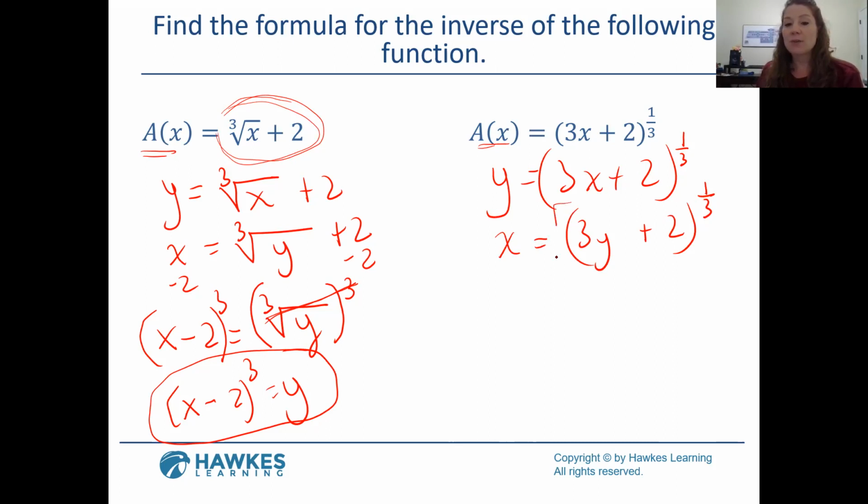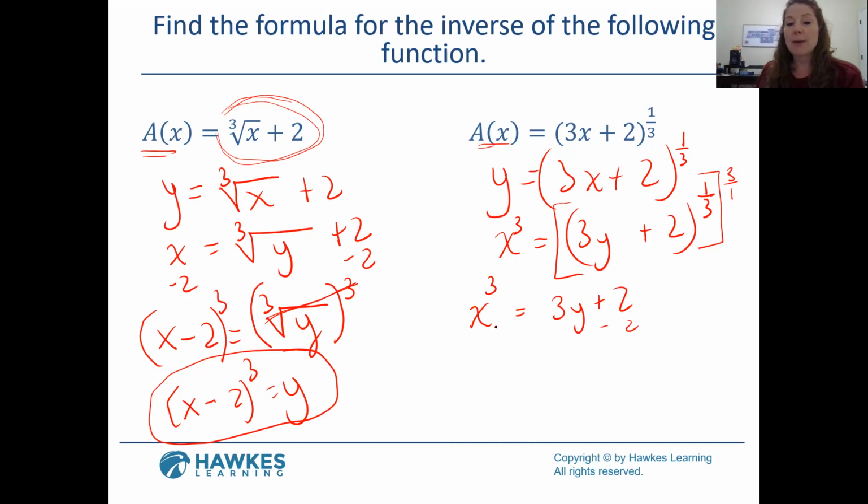Well, the only way to get rid of a 1/3 exponent is raising it to the third power, because now if I multiply 1/3 and 3/1, I get the exponent of 1, but I have to do that also to this side. So now I have x to the third, or x cubed, equals, we got rid of that exponent of 1/3. Now y is free.